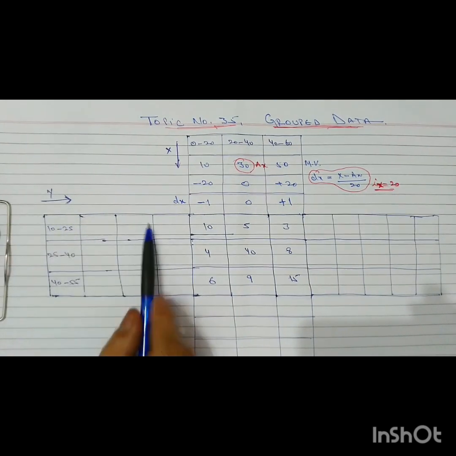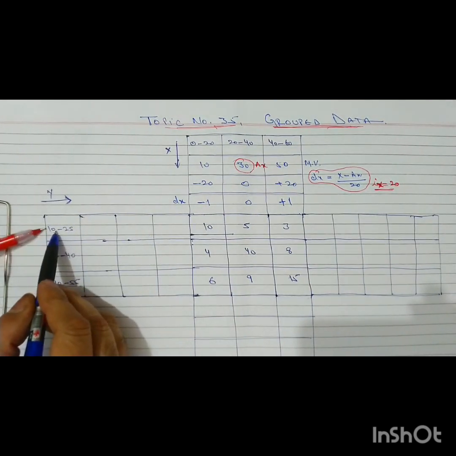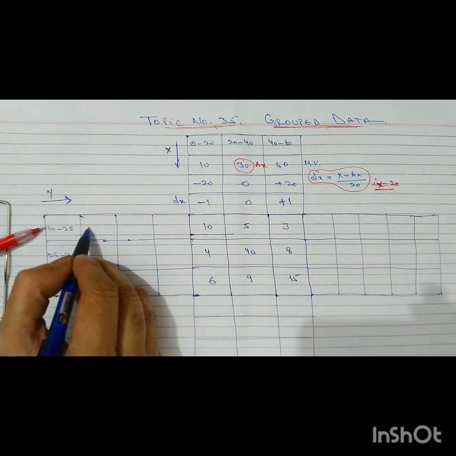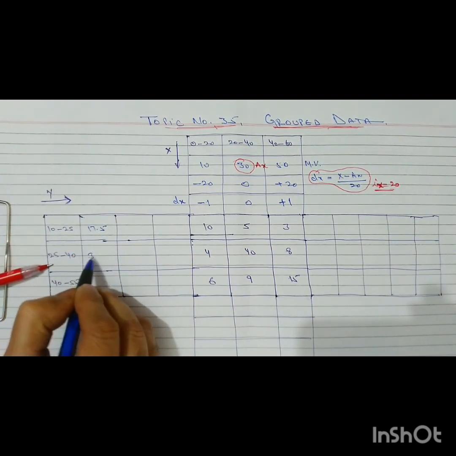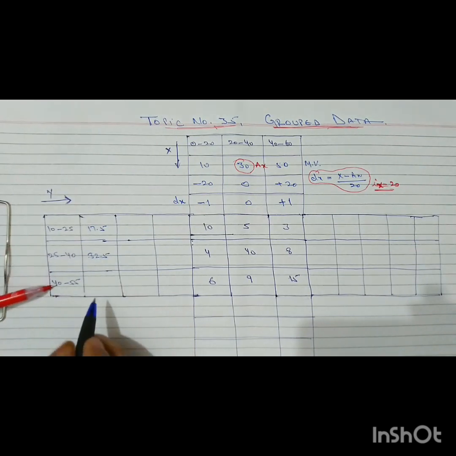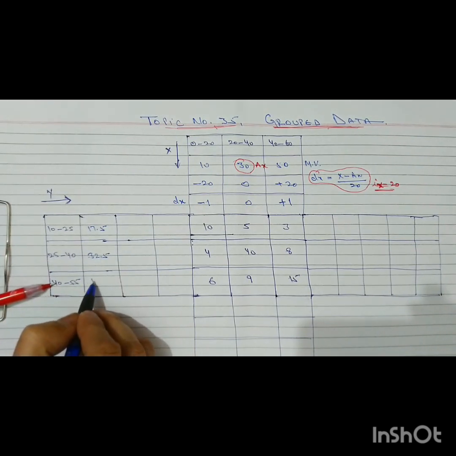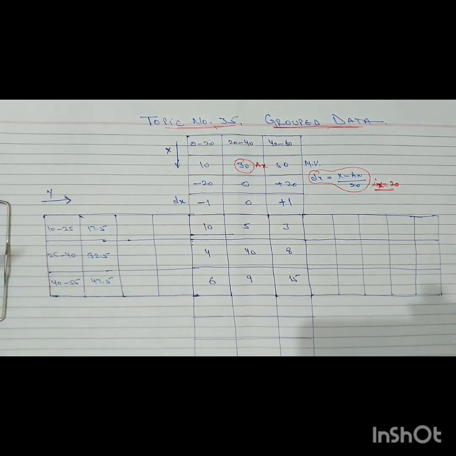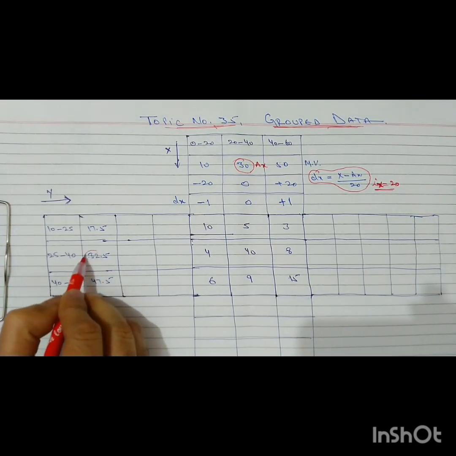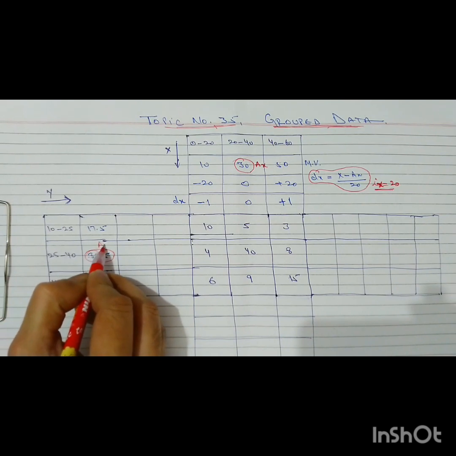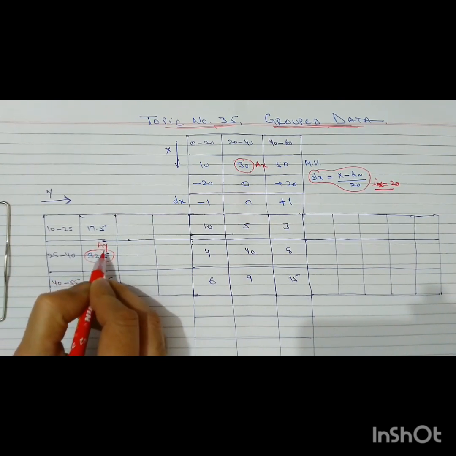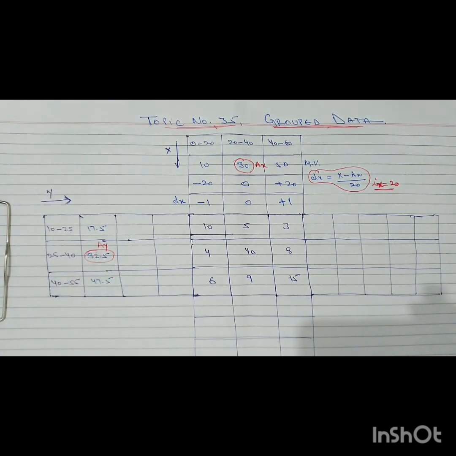Now from the Y series, the mid value of 10 to 25 is 17.5. 25 to 40 has mid value 32.5. And 40 to 55 has mid value 47.5. Take the middle term as the assumed mean. Name it AY, the assumed mean A from the Y series.